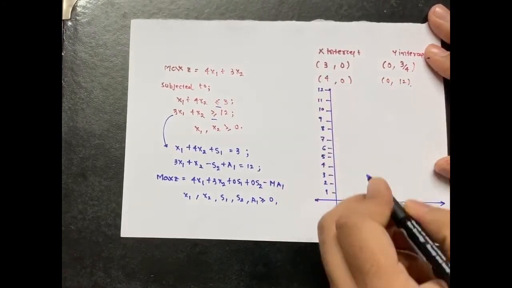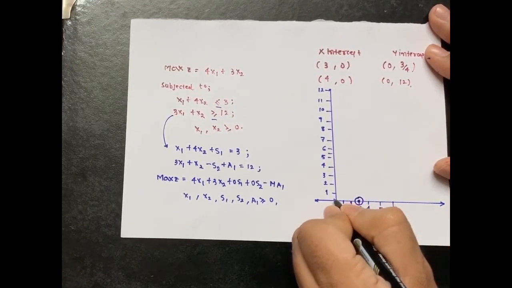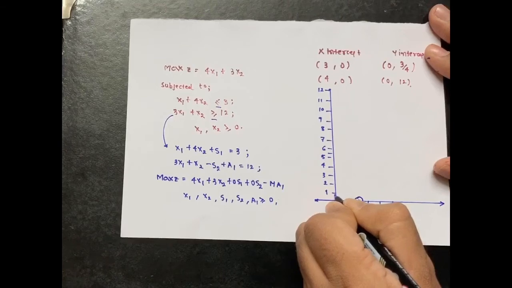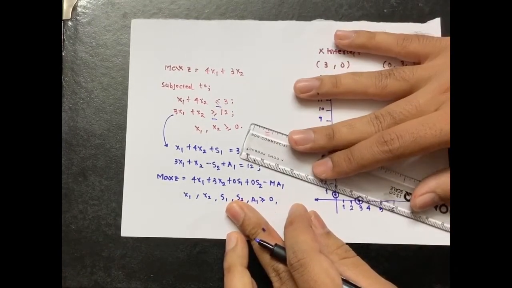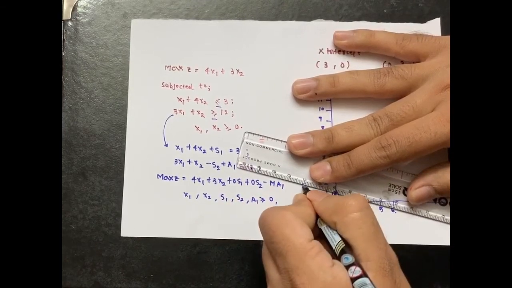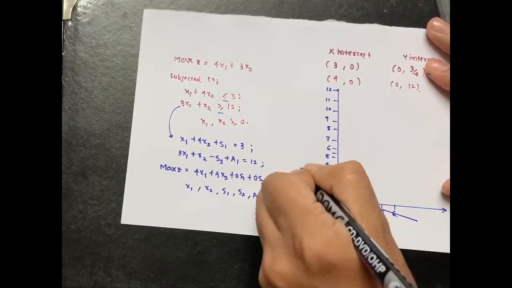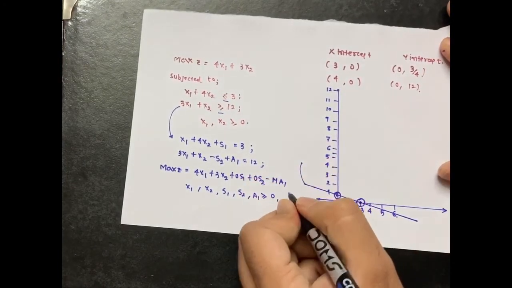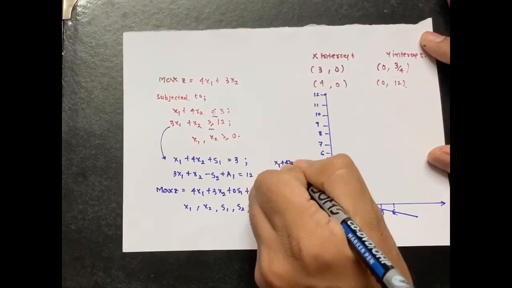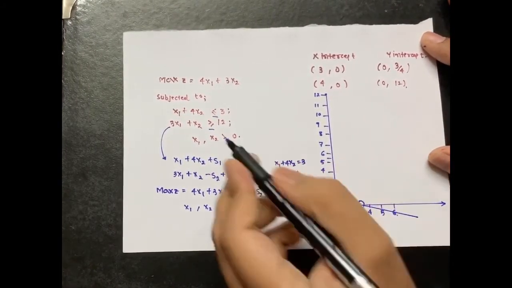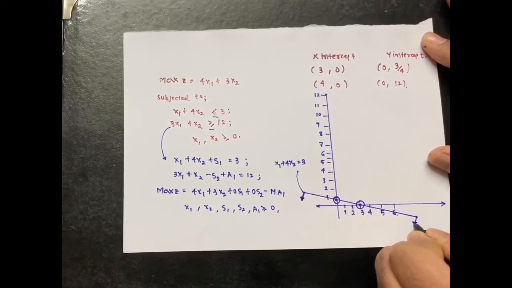For the first line it is 3, 0, so this is my 3, 0, and 0, 3 by 4, which is actually less than 1, so it is somewhere over here. If I draw a line over here, this will be the line for x1 plus 4x2 equals 3, and the sign over here is less than or equal to, hence this is the side.